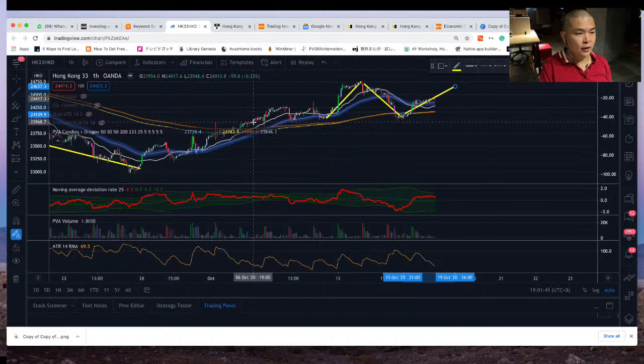After that, you can see that the dragon, the 50 EMA, served as support for a while, okay? And it got away from that support, broke the support of the dragon, but it didn't break the support of the 200 EMA and the 233 EMA, okay?